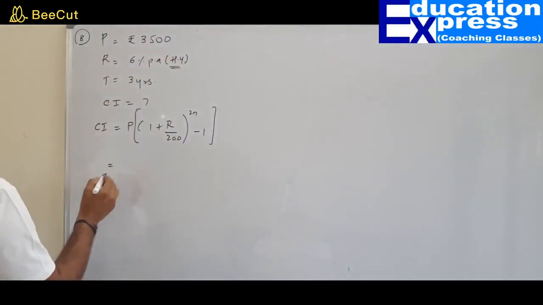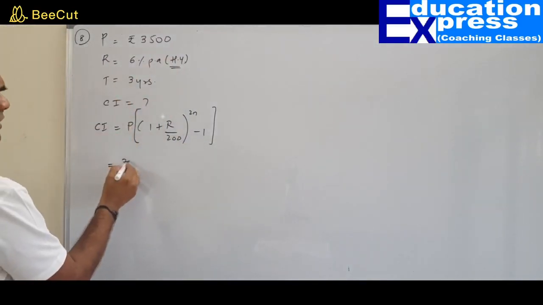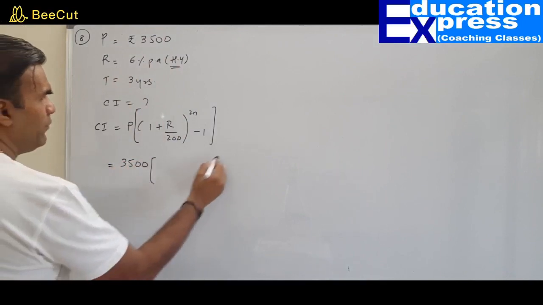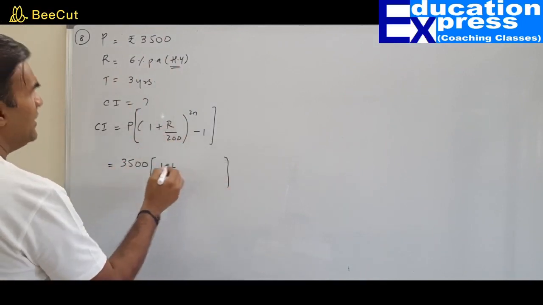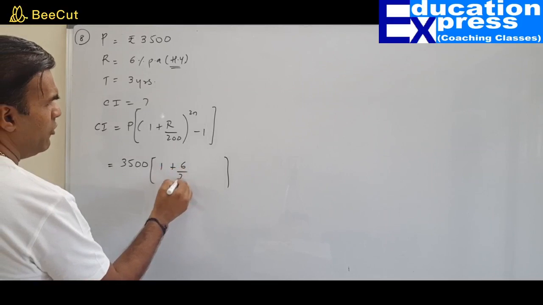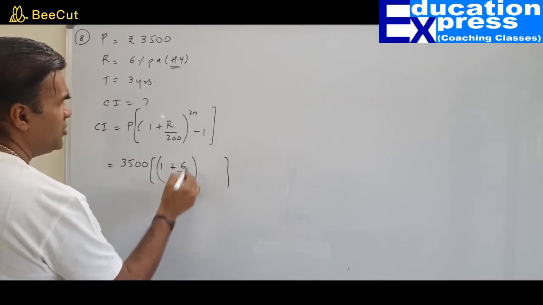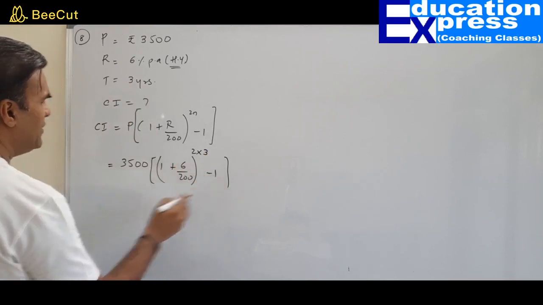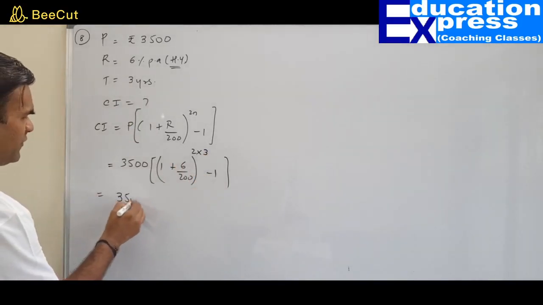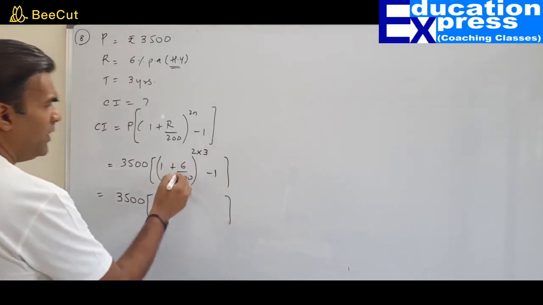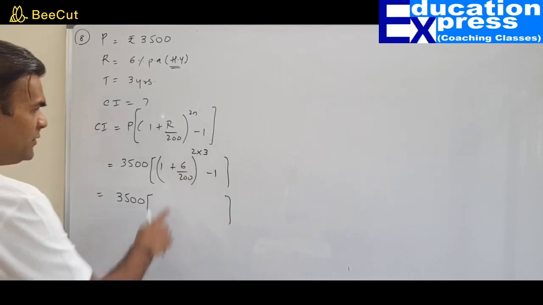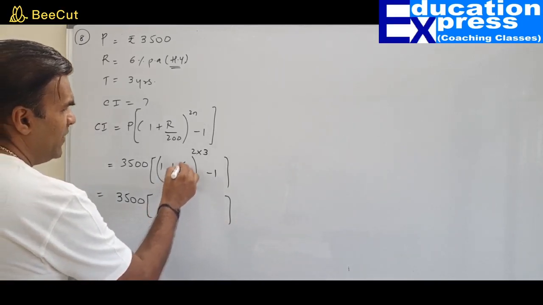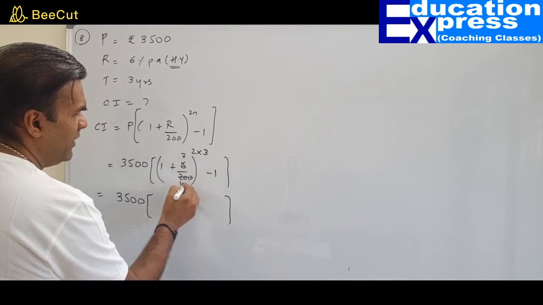Can we place the values? 3500 into (1 plus rate 6 upon 200) raised to 2n, where n is 3, minus 1. Now when you do this calculation, if you notice, this would be 3 upon 100.